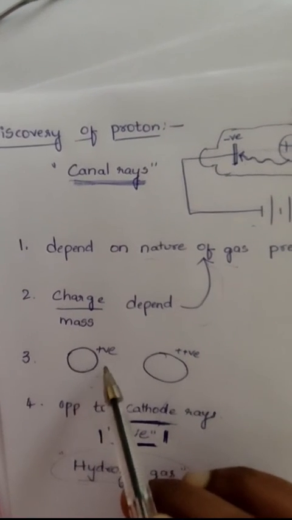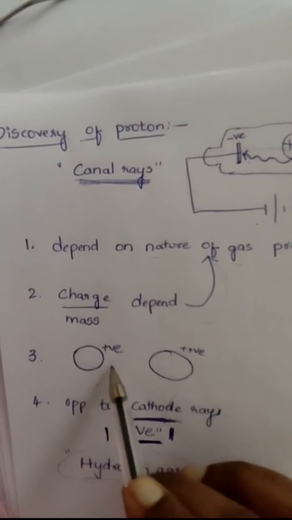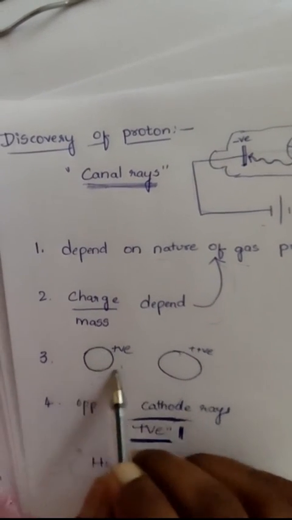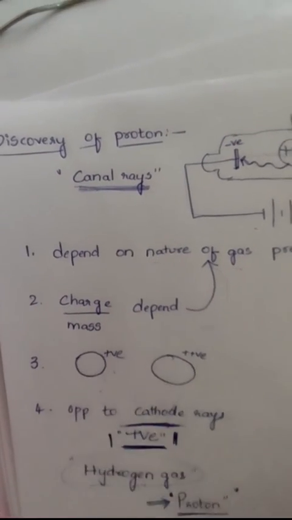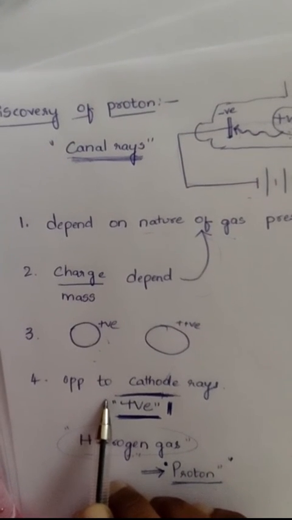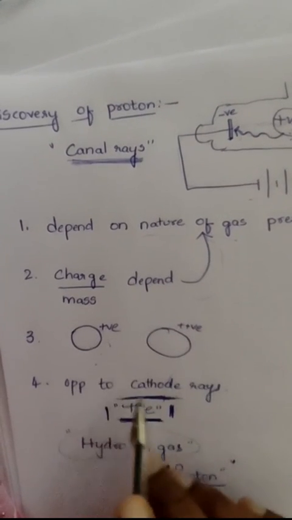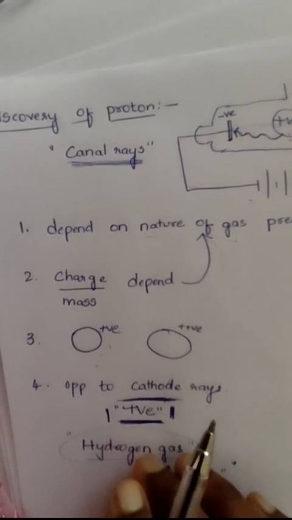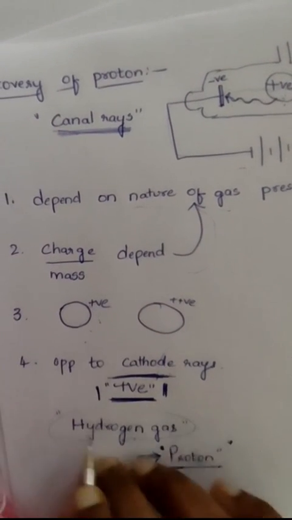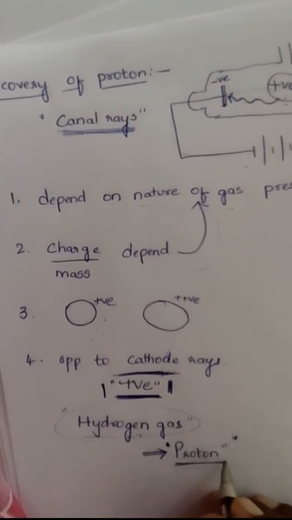These charged particles carry multiples of the fundamental unit, that is, they may be unipositive or dipositive, and their behavior is opposite to that of cathode rays. This all suggests that they are positively charged ions. And the smallest ion produced from hydrogen gas is named proton.